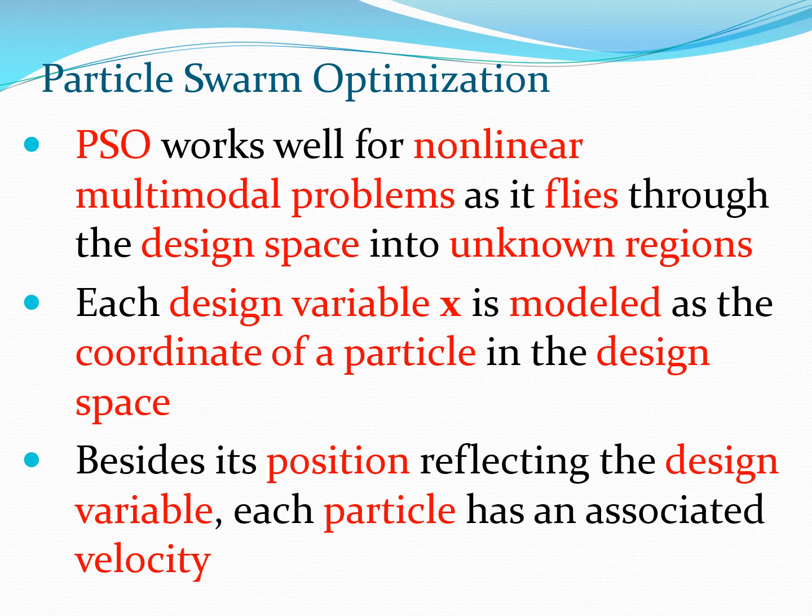Now, besides this value for position, reflecting the location of the design variable, each particle also has a velocity with it. This is an interesting aspect of PSO, and you can relate it to social life in general: there is a location for every creature and also a velocity with which this creature is moving around in the design space.